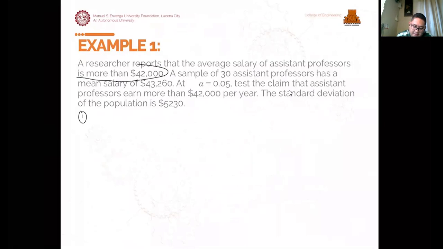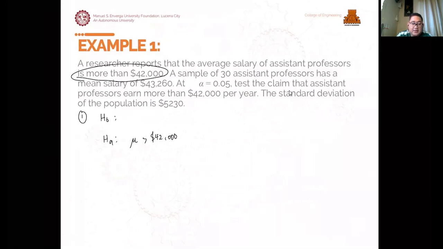Is more than. Okay? So kung is more than siya, so meaning ang inaano niya is yung alternative hypothesis natin. So yung average salary daw o yung population mean natin, so ibig sabihin in general o karamihan is more than $42,000. Okay? So yan yung alternative hypothesis natin.